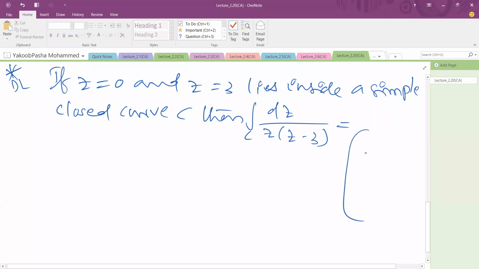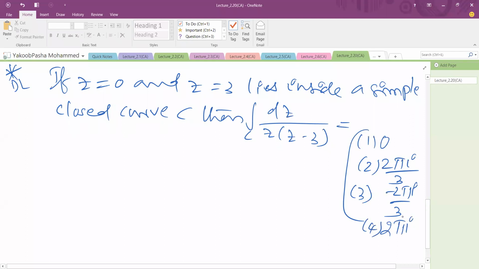We have options. First option, I think it is 0. Second option, 2 pi i by 3, third option minus 2 pi i by 3, and fourth option 2 pi.